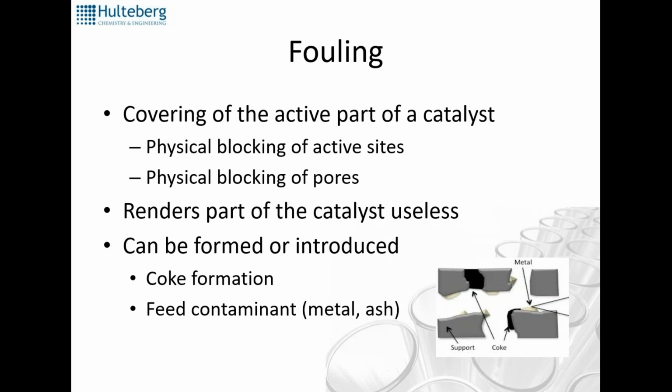You have either something that is formed in the catalyst, which is coke formation, so solid carbon formation on the surface of the catalyst, or you have something that is entering with the gas to be treated, like metal or an ash. So, two different mechanisms: one is formed inside the reactor, the other is entering the reactor with the feedstock.